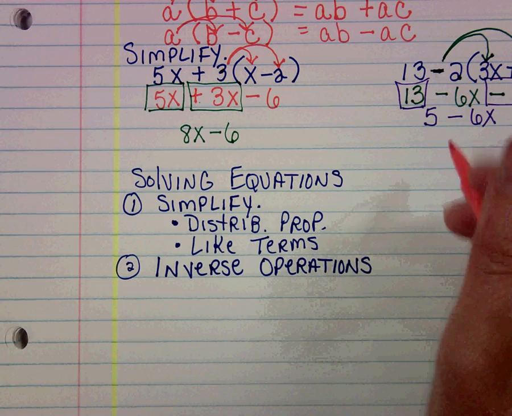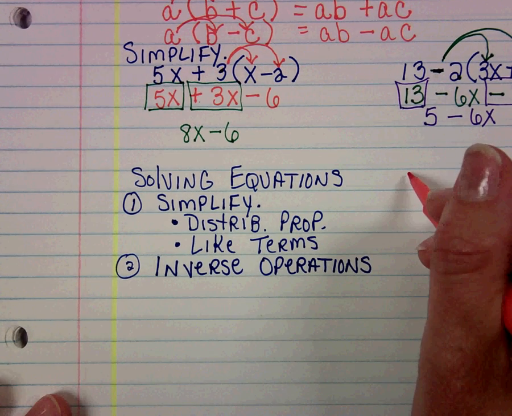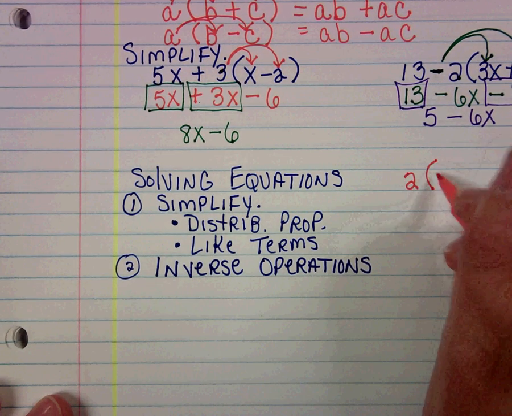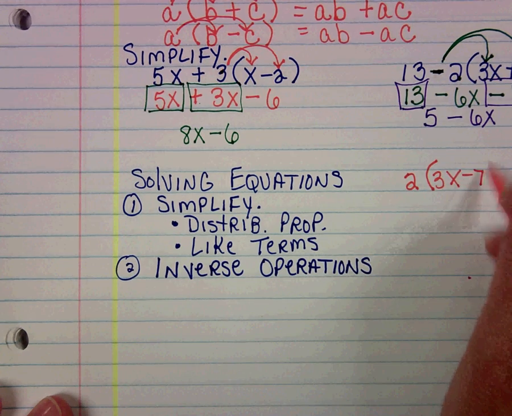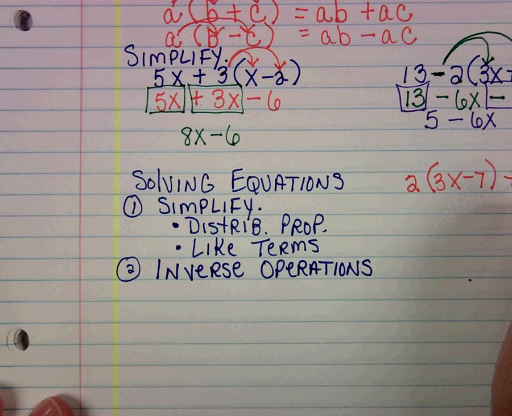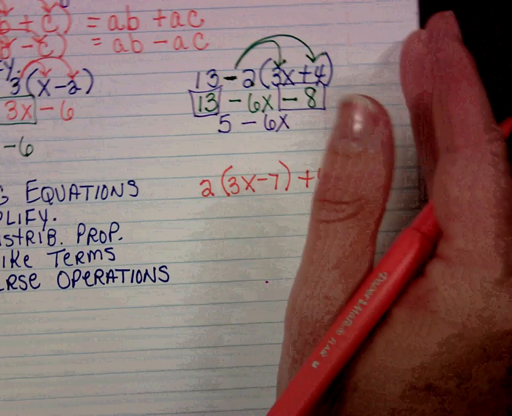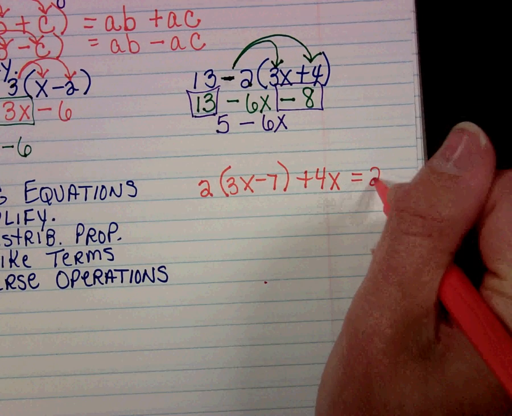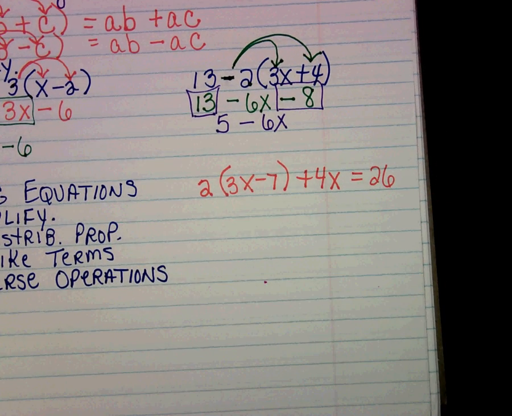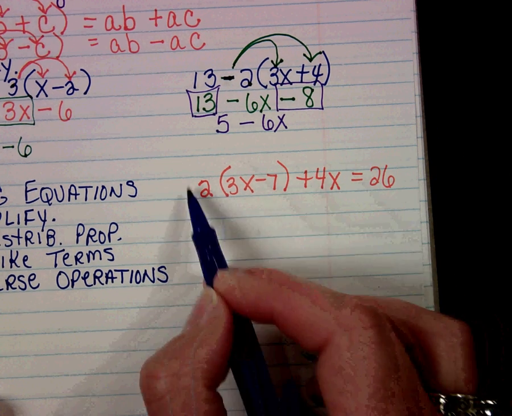Okay, so the first example I want you to look at is 2 times 3x minus 7 plus 4x equals 26. Okay, now I'm not going to worry about any inverse operations until I get this nice and simplified.